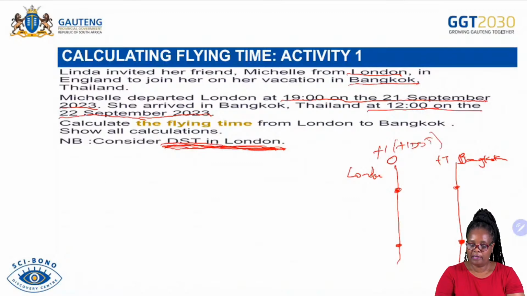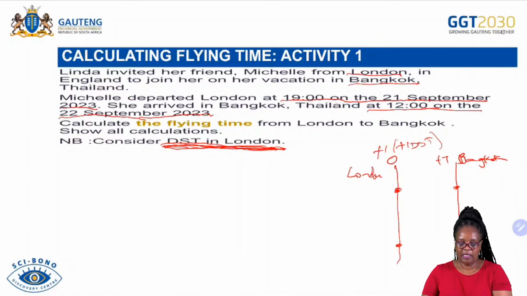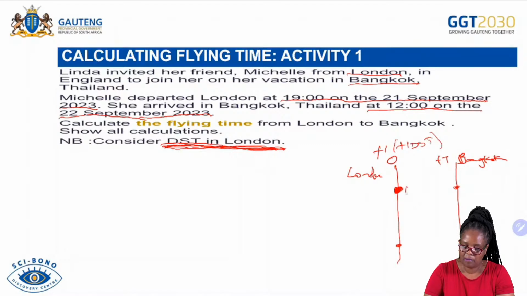It says here, Michelle departed London at 1900 hours. So this is for departure. We write it here. Like I said, the first here is for departure. Then this will be for arrival.